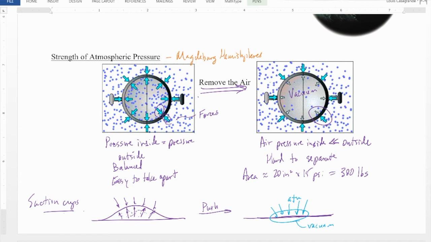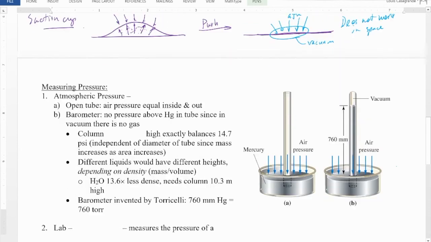So a little bit different way of thinking about it, and that shows you it would not work in outer space because there's no pressure pushing down. So that's a little exploration of what pressure is.